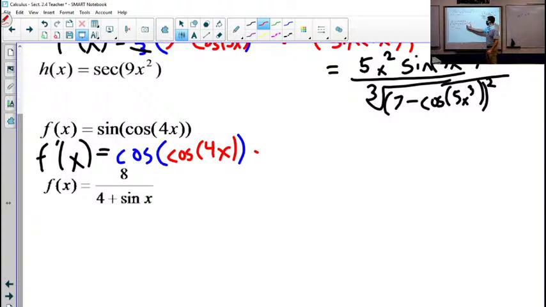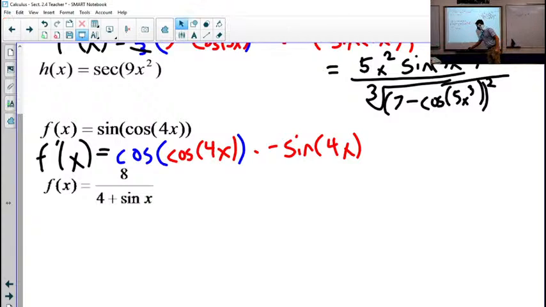So we want to take the derivative of this cosine of 4x. Derivative of cosine is going to be negative sine. But then we're not done yet because we still have this innermost function of 4x. So we need to multiply by the derivative of the inside part. Derivative of 4x is 4.